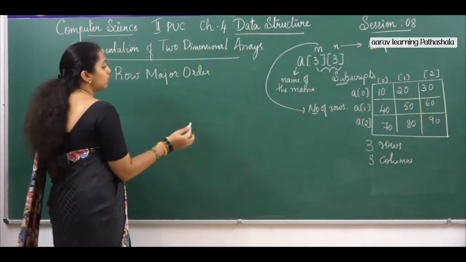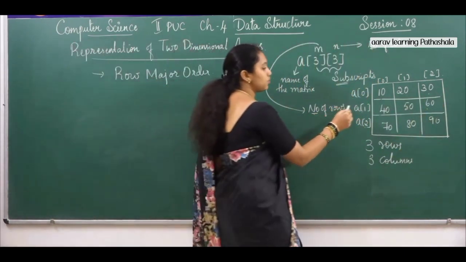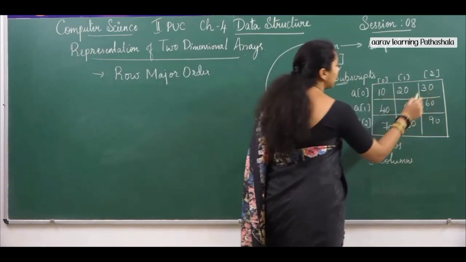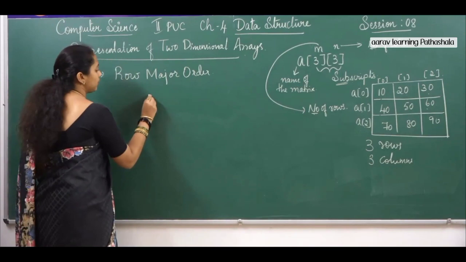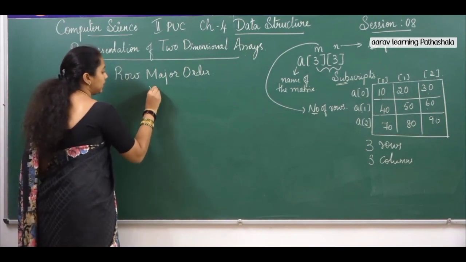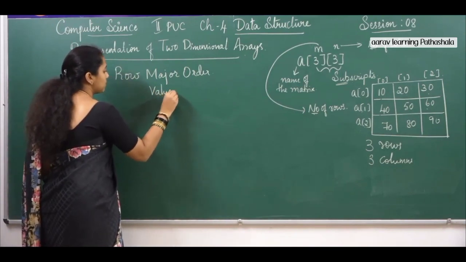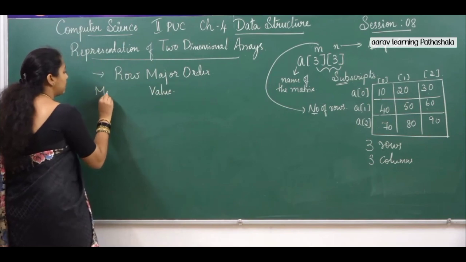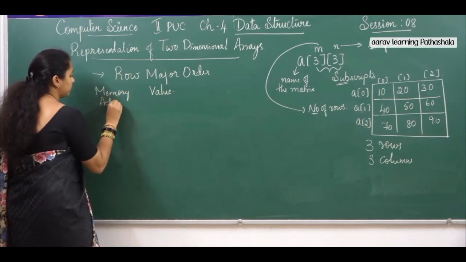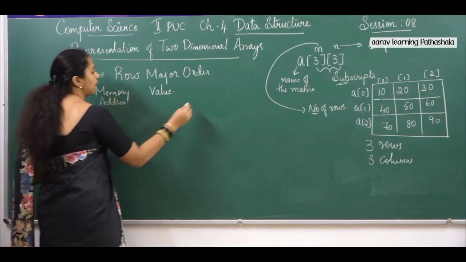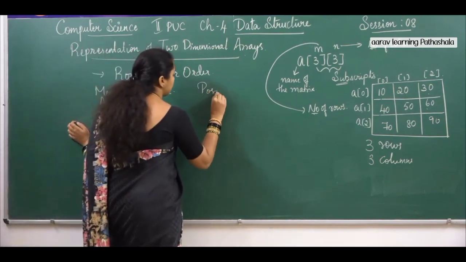What are the first row elements? The first row elements are 10, 20 and 30. I am going to store the values, the memory addresses, and then the positions.